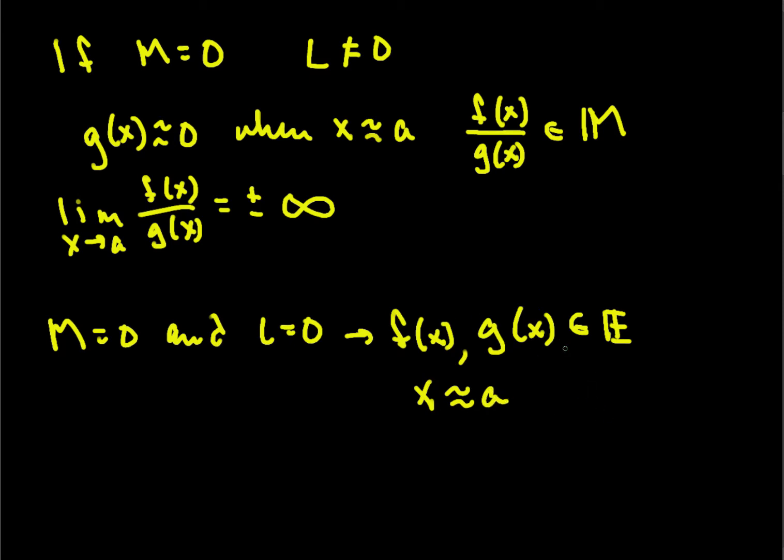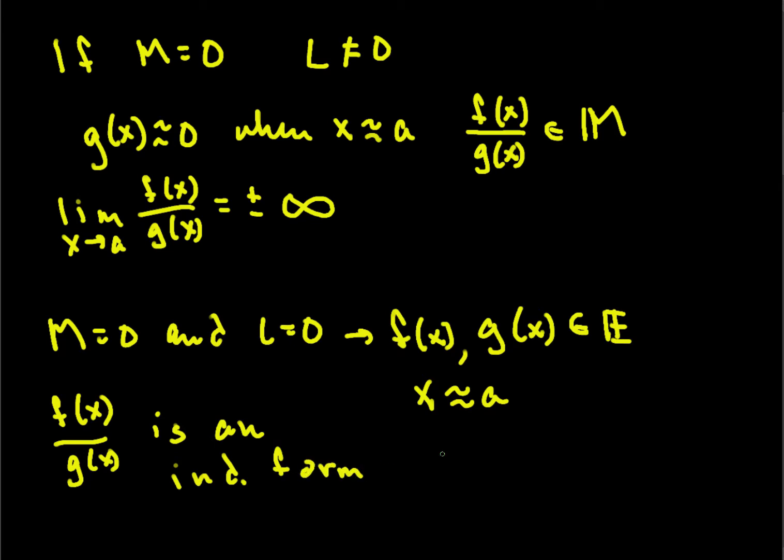Both of them are infinitesimal, and so then f of x divided by g of x is an indeterminate form. And that's what a lot of the exercises in the past section were. How do you deal with indeterminate forms? We have to do factoring or some kind of business to deal with it.